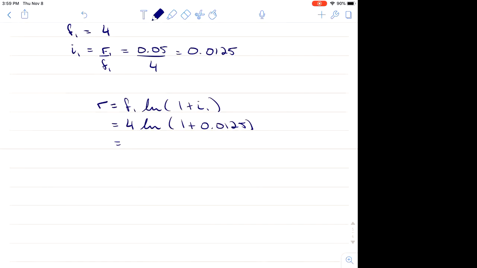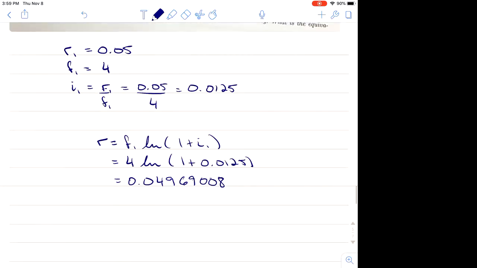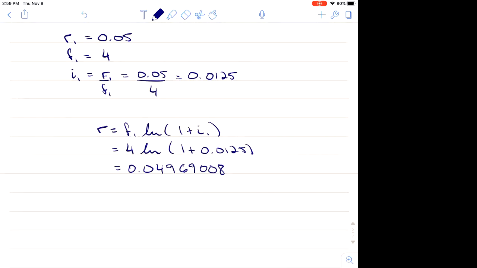So I get 0.0496908. Make sure that's what you're getting. So what does that mean? It means that a rate of 5% compounded quarterly is equivalent to 4.97% compounded continuously, right?